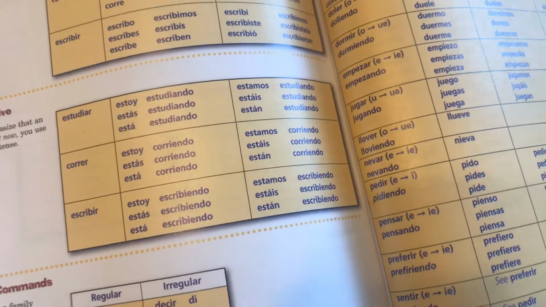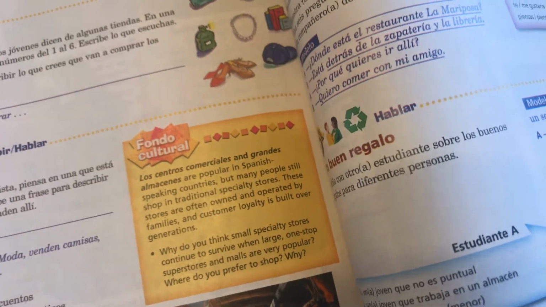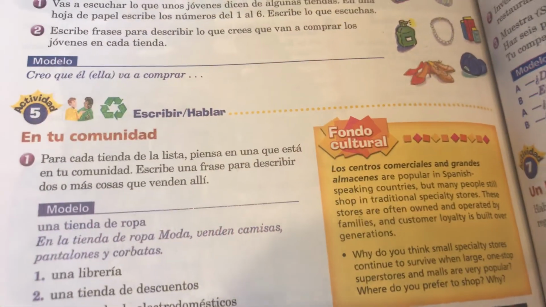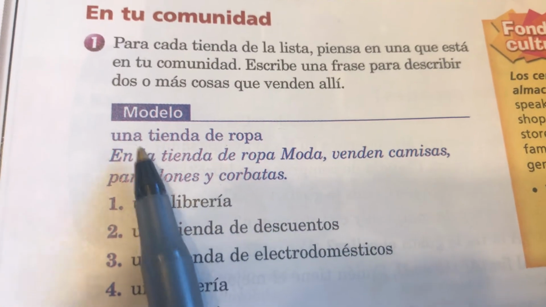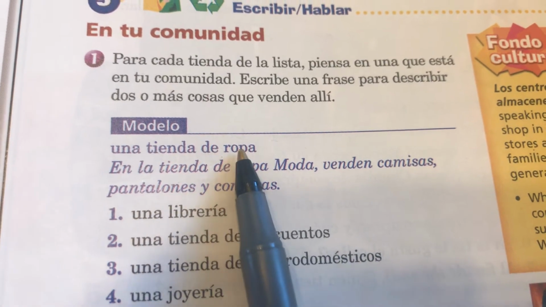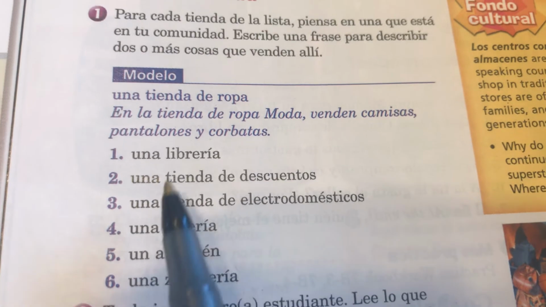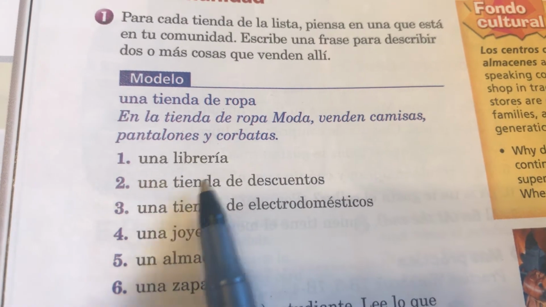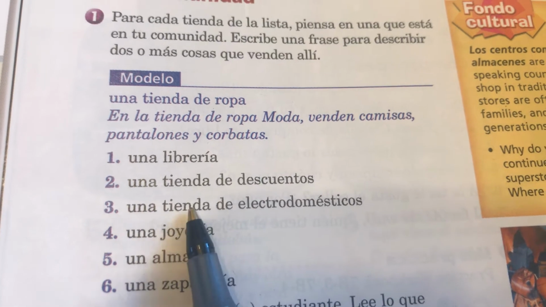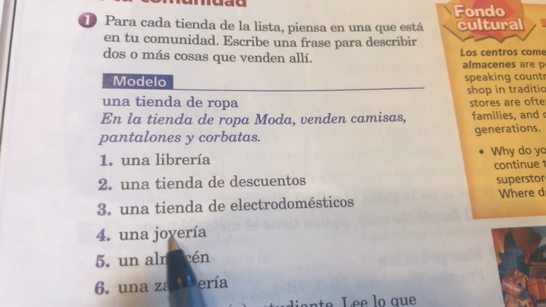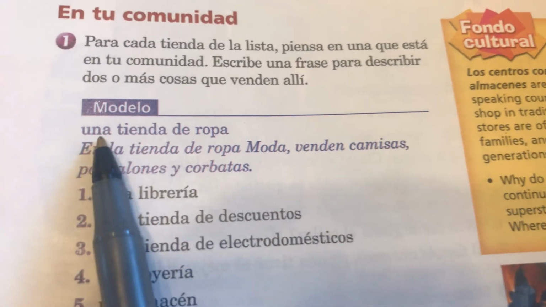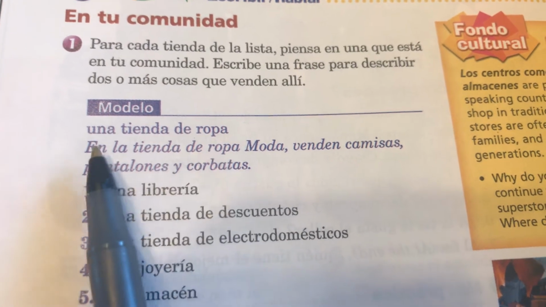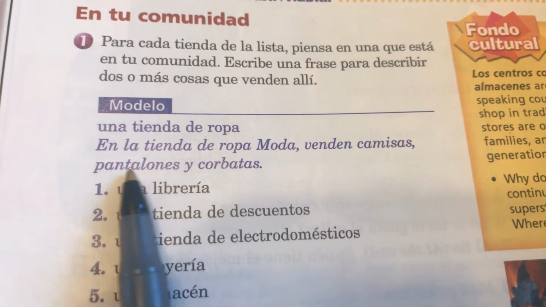Okay, so now if we go back to page 350, I believe I said, yes, 350. Let's look at what they want you to do here. So this is our example. They give you a store. For example, we have una librería, una tienda de descuentos, una tienda de electrodomésticos, una joyería, un almacén, and una zapatería. Right here they have una tienda de ropa, and the sentence they want you to form is this.